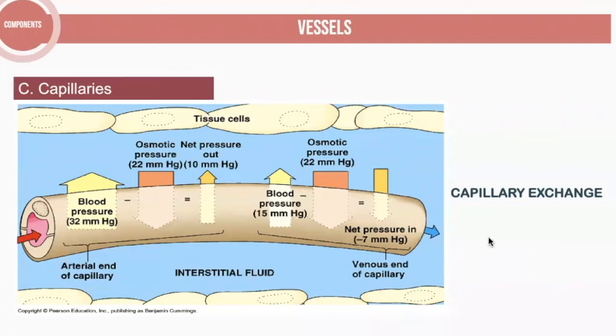However, this exchange only explains the movement of water and not of solutes, since capillaries are composed of layers of tissues that prevent movement of solutes. So for the movement of solutes, capillaries actually have openings.